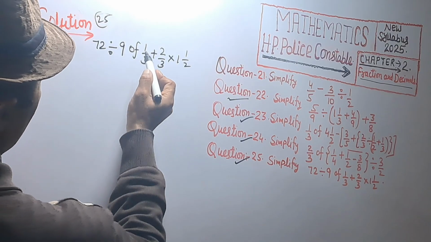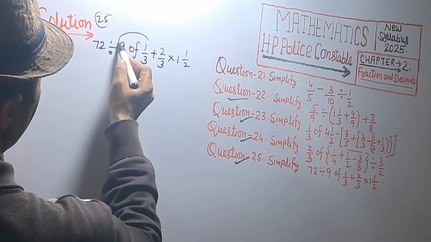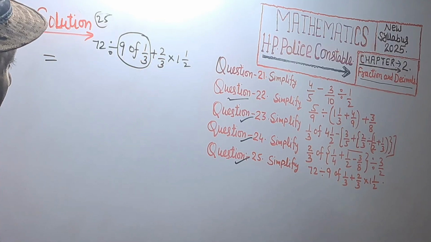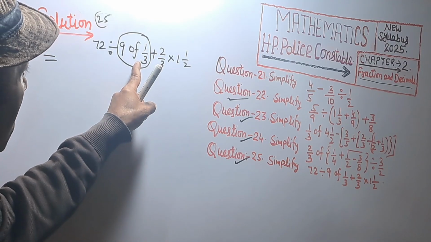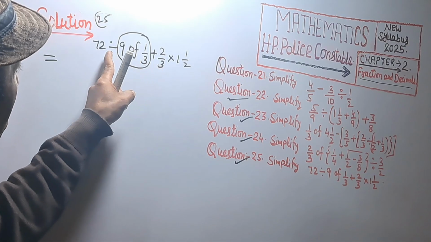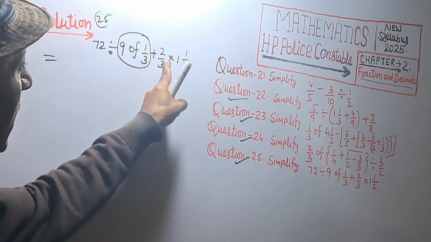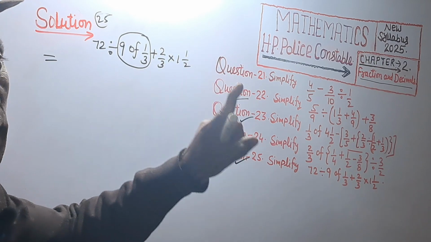First we solve of. According to BODMAS rule, of first, divide second, multiply third, and addition last.